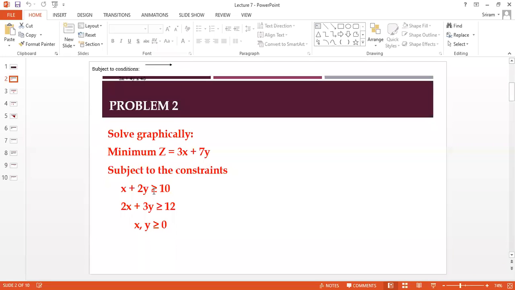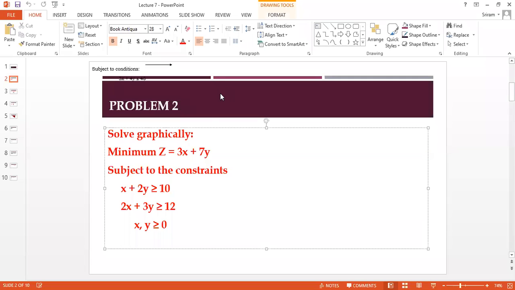We have two constraints: x plus 2y greater than or equal to 10 and 2x plus 3y greater than or equal to 12. We are going to consider these two constraints and solve graphically.